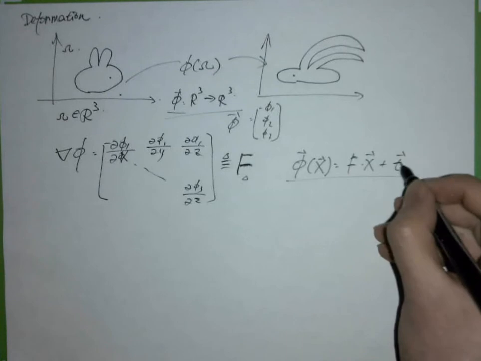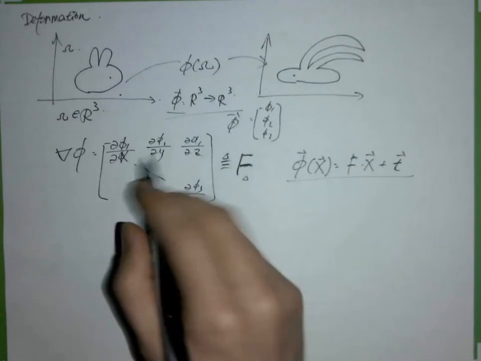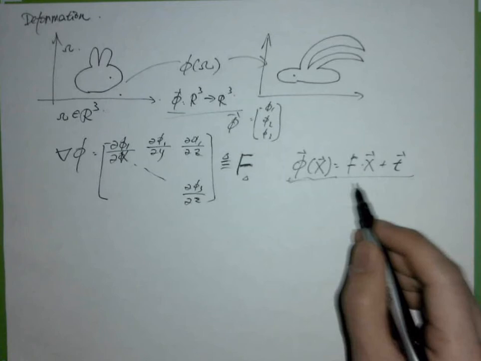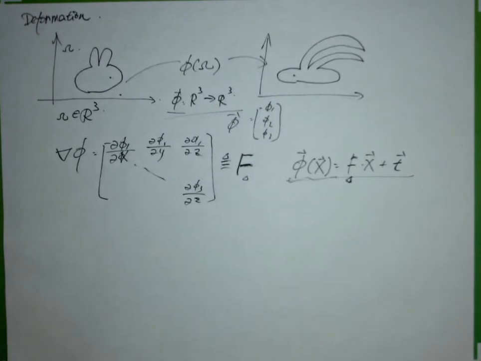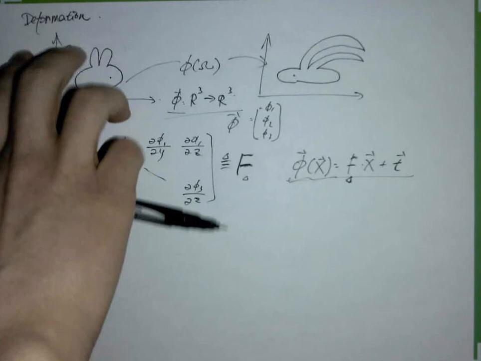We can get rid of t by taking the gradient of the phi function, and we simply get a deformation gradient matrix F. And F is the way that we represent an arbitrary deformation.